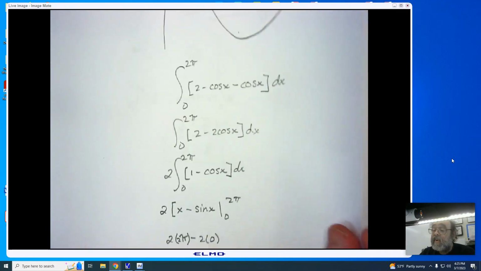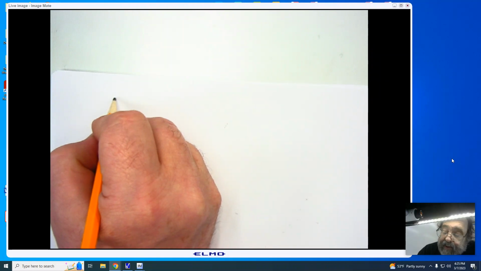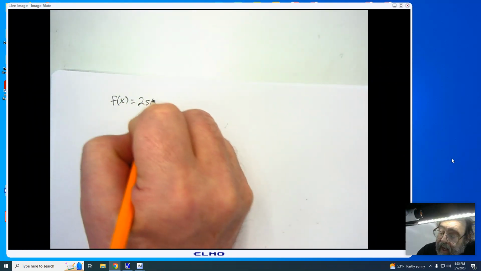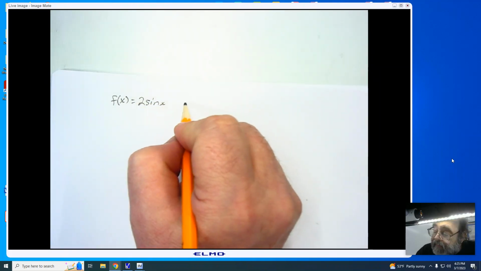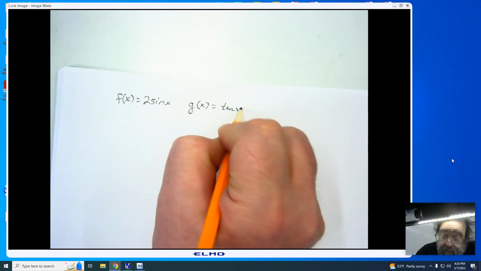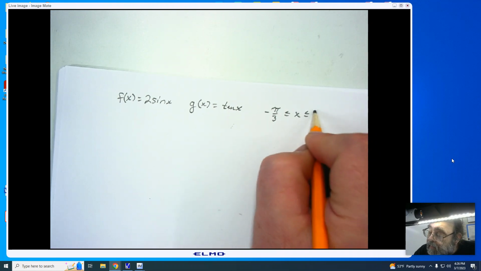All right, this brings us to number 39. As we're going through these quite quickly, number 39 is giving us f of x equals 2 sine x, and we have g of x is equal to the tangent of x, and we're going from negative pi over 3 to pi over 3.